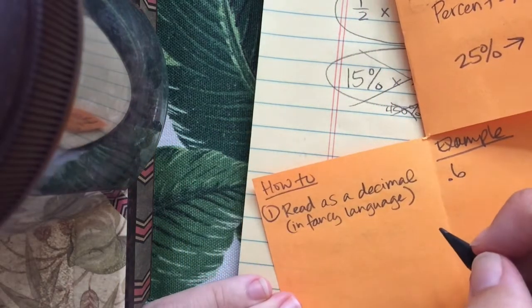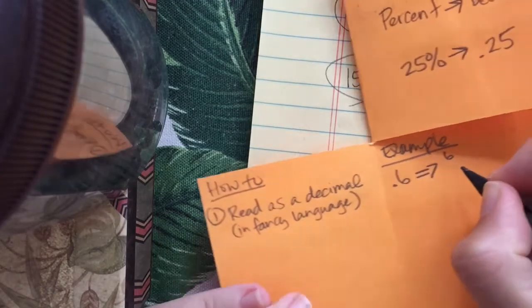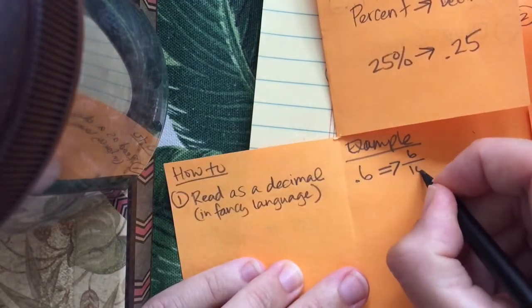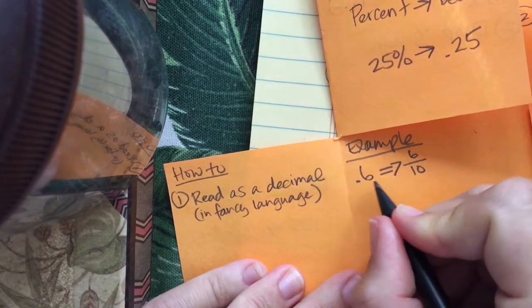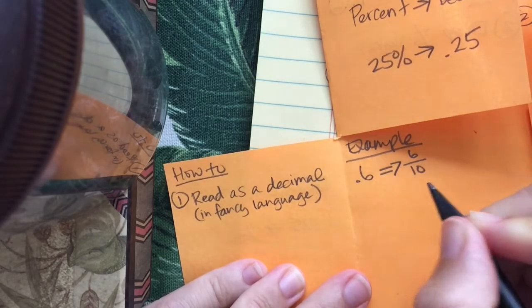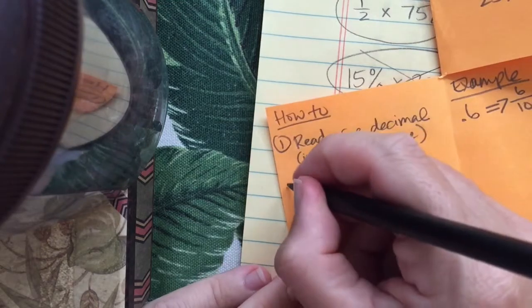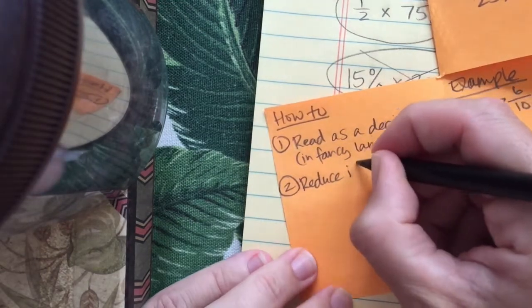So you just created a fraction, 6/10. You just created a fraction. It is that easy. Next step, reduce or simplify if possible.